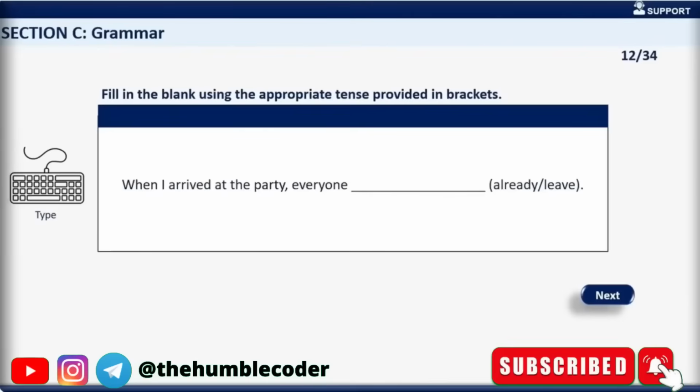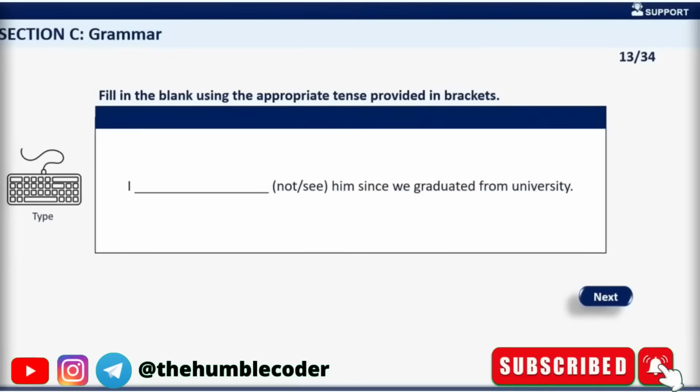Moving on to the next one. When I arrived at the party, everyone dash already leave. Okay. So the correct answer in this case will be had already left. Okay. So the complete sentence would be something like, when I arrived at the party, everyone had already left. Moving on to the next one. I dash him since we graduated from the university.